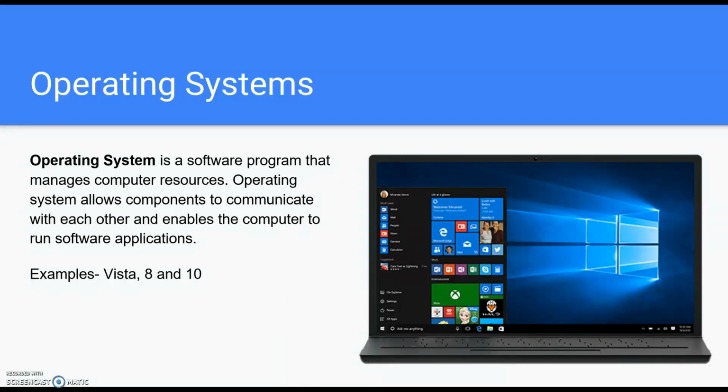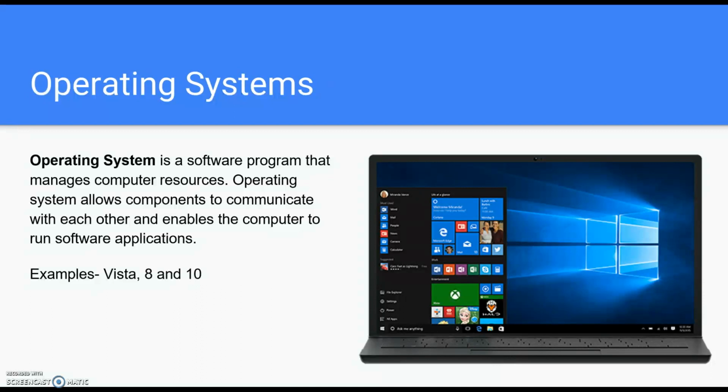Operating system, or OS: a software program that manages computer resources. The operating system allows components to communicate with each other and enables the computer to run software applications. We went through some in class on the school PCs. We have Windows 7, and you can have Windows 8, Windows 10, or some of the older versions that are more obsolete nowadays, Vista or Windows 95.